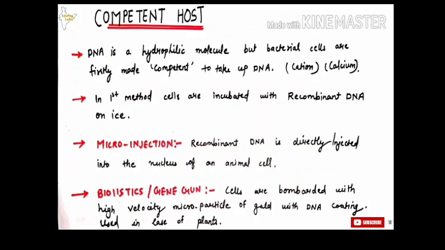In the first method, cells are incubated with recombinant DNA on ice. Recombinant DNA can be forced into such cells by incubating them with recombinant DNA on ice, followed by placing them briefly at 42 degrees Celsius, a heat shock, and then putting them back on ice.